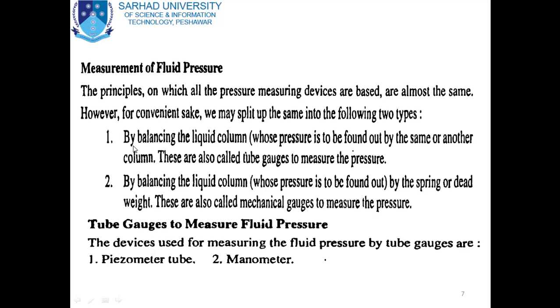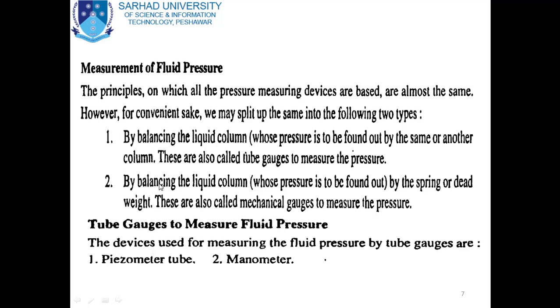Number one, by balancing the liquid column, whose pressure is to be found out, by the same or another column. These are also called tube gauges to measure the pressure. With the help of these tube gauges we find the pressure in the pipes by balancing the liquid columns.